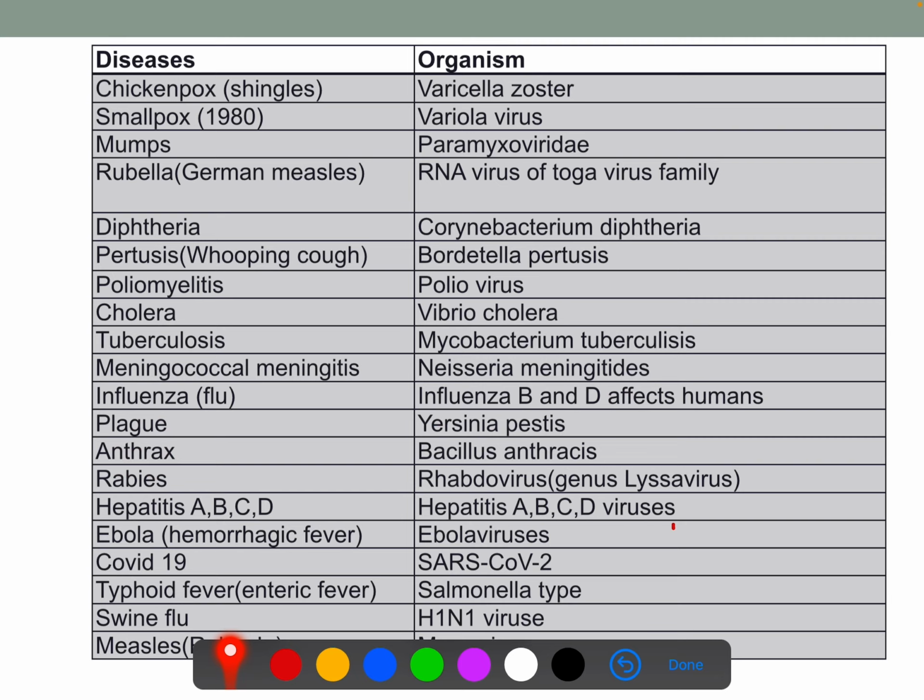Anthrax, Bacillus anthracis. Rabies, rhabdovirus of genus Lyssavirus. Hepatitis A, B, C, D viruses. Ebola, also called hemorrhagic fever, Ebola virus. COVID-19, SARS-CoV-2. Sometimes the question will be SARS-CoV-1, 2, 3, 4. So answer is SARS-CoV-2.